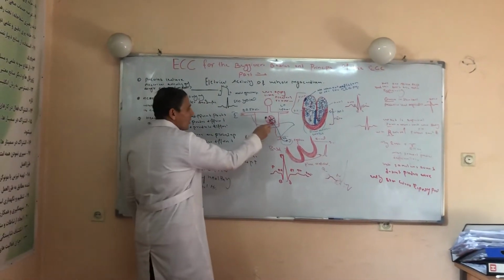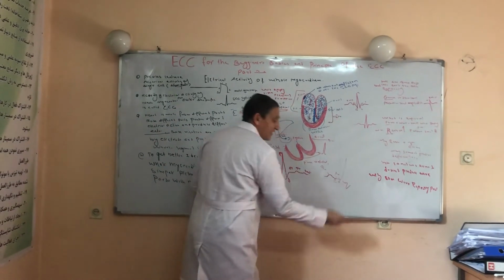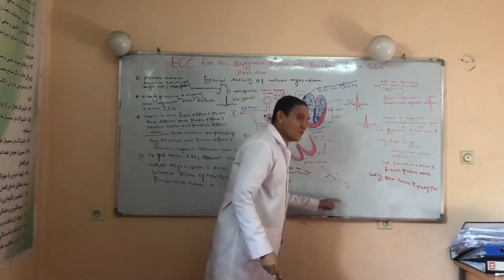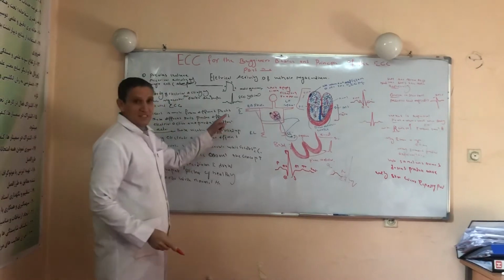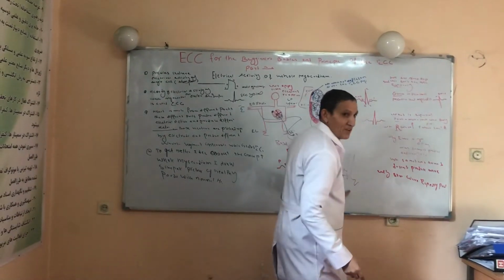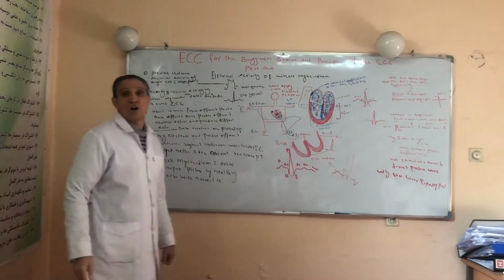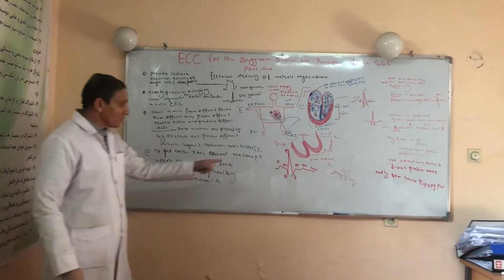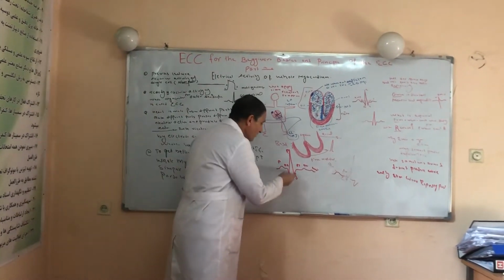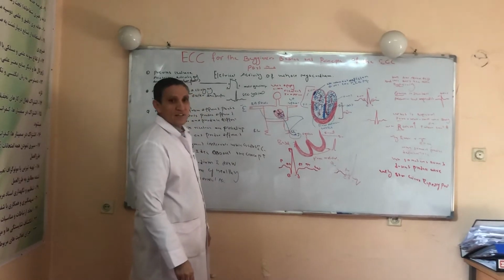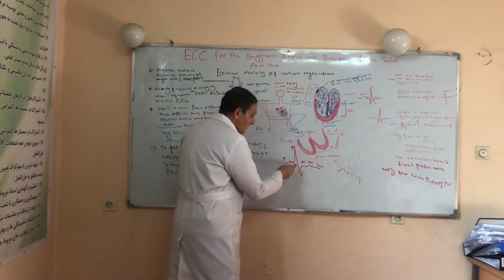Because the positive charge moves away. Remember, in the limb leads they produce a Q wave, but in the precordial leads they produce an R wave, called the septal R. Here we call this a Q wave. This Q wave represents septal ventricular depolarization, which is seen in the standard leads.